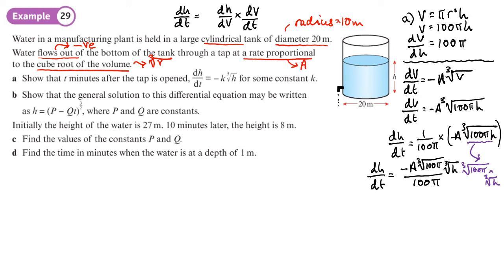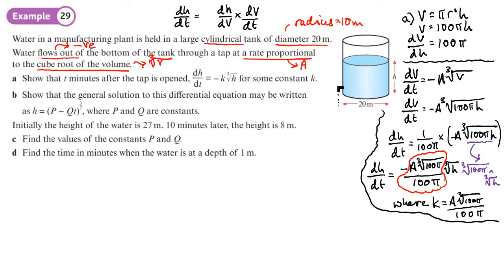So it's in the format that they want, and this bit here, that's k. So we'd write down that their k equals my constant A times the cube root of 100 pi over 100 pi. So that would be our part A.